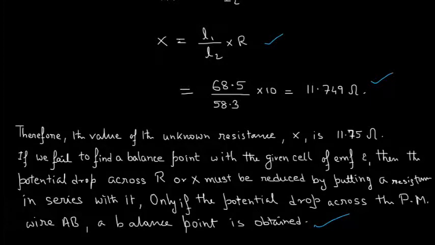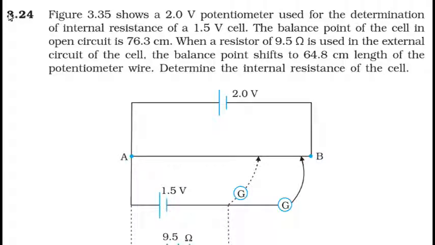Now let us see the next problem, problem number 3.24. Figure 3.35 shows a 2 volt potentiometer used for the determination of the internal resistance of a 1.5 volt cell. The balance point of the cell in the open circuit is 76.3 centimeter.